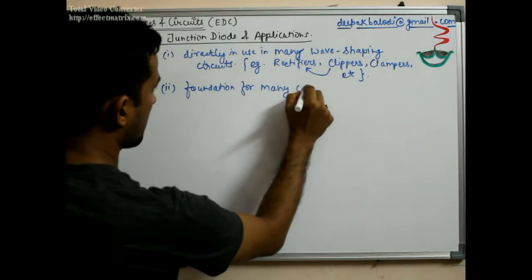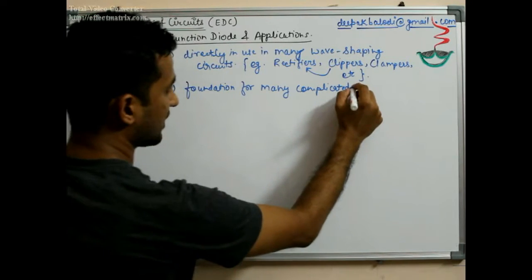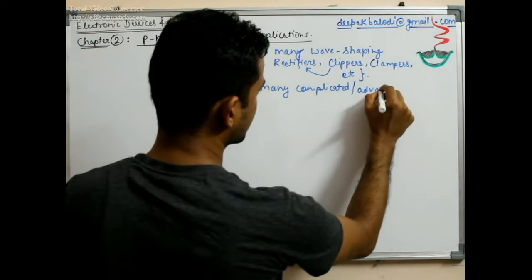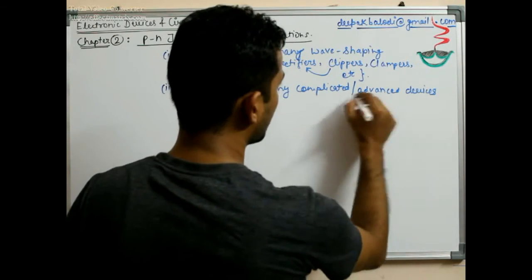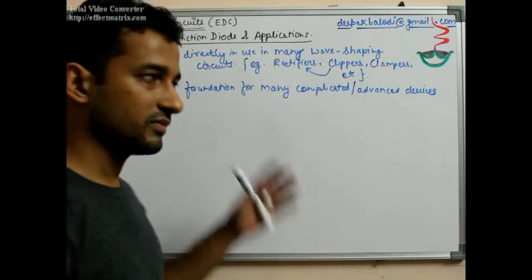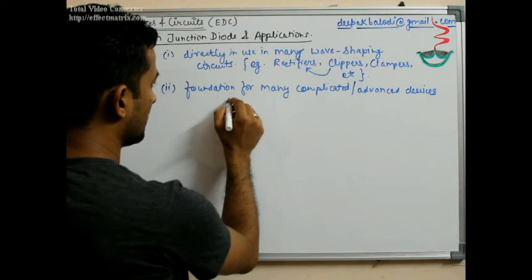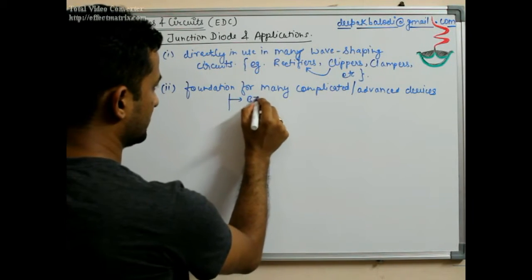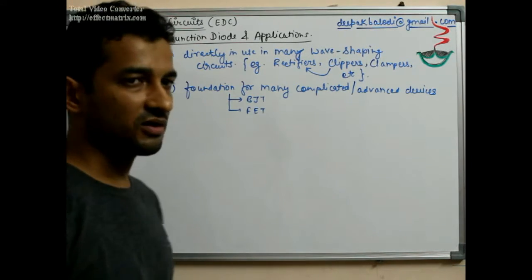So therefore, this makes the foundation for many complicated, or I can say advanced devices. Advanced in the relative term, comparatively advanced, like BJT and FET, their MOSFET or JFET.